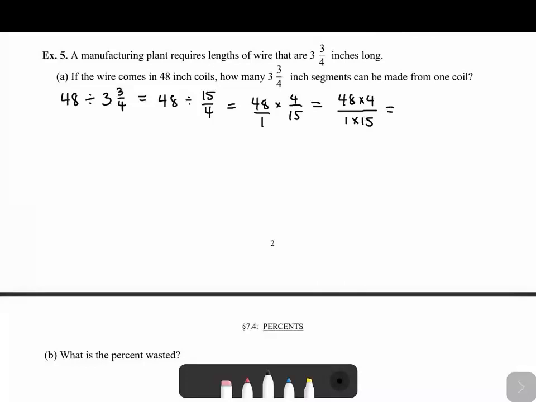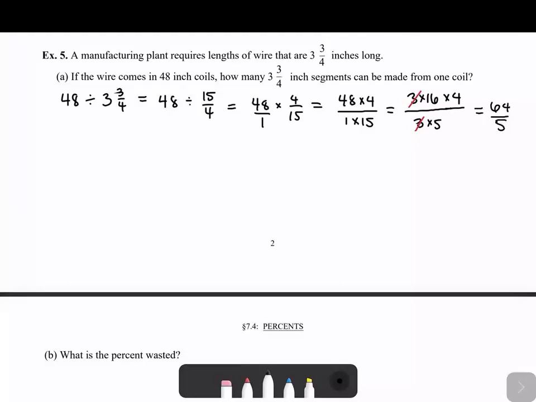So I know that 15 is a product of 3 and 5, and you can also see that 48 is a product of 3 and 16. And then we have 4. So we can write these 3's to cancel them out. And 16 times 4 is 64. So this is 64 over 5.